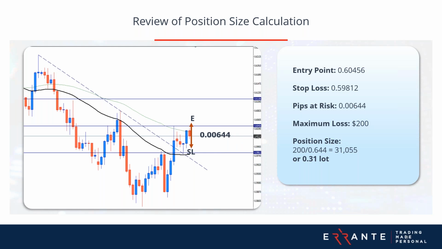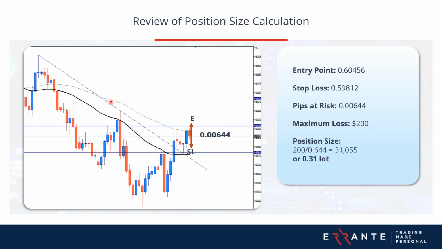And next, we need to determine our risk per trade. In this example, we're willing to risk $200 on this trade as 2% of our initial capital or account balance. To find the position size, we use the following formula. Calculate the monetary risk per pip, which means the risk amount divided by pips at risk, will give us 31,055 units of the base currency.